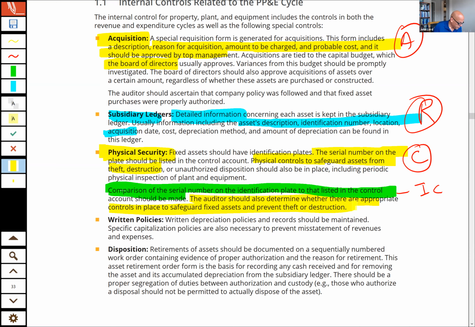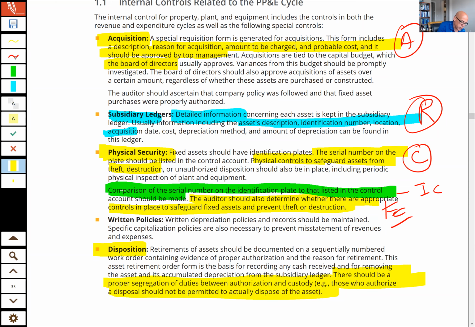Good. So go ahead and flashcard that particular step of internal control, because that's a pretty common one that the examiners like to ask about. Okay, flashcard that. Now, disposition. If we are going to dispose of an asset, if the entity is, then there should be proper segregation of duties between the authorization and the custody.